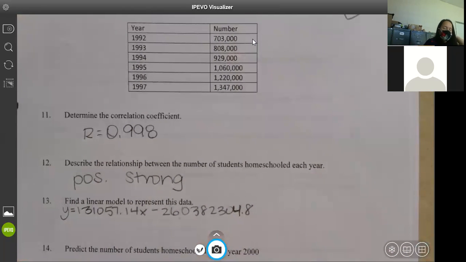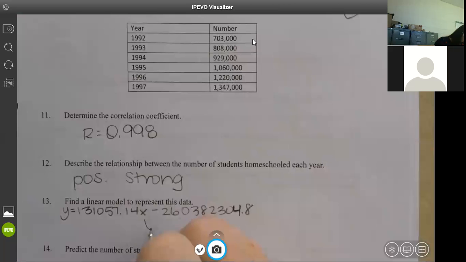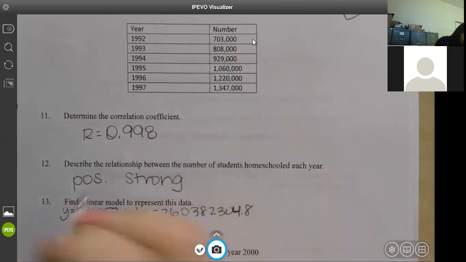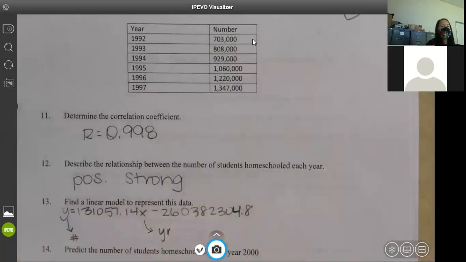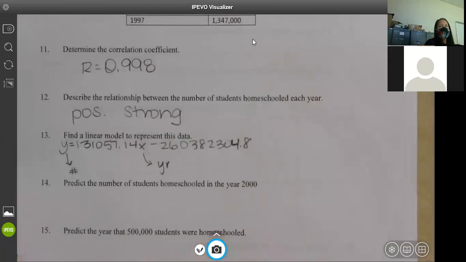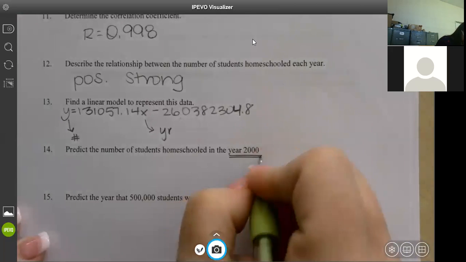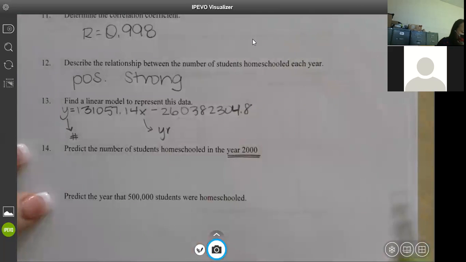Looking at our chart, what did X represent? The year. What did Y represent? The number of students homeschooled. Just the number, that's all that matters. So now you're done with the chart. You don't even need it anymore. It says predict the number of students homeschooled in the year 2000. So where are we plugging in 2000?